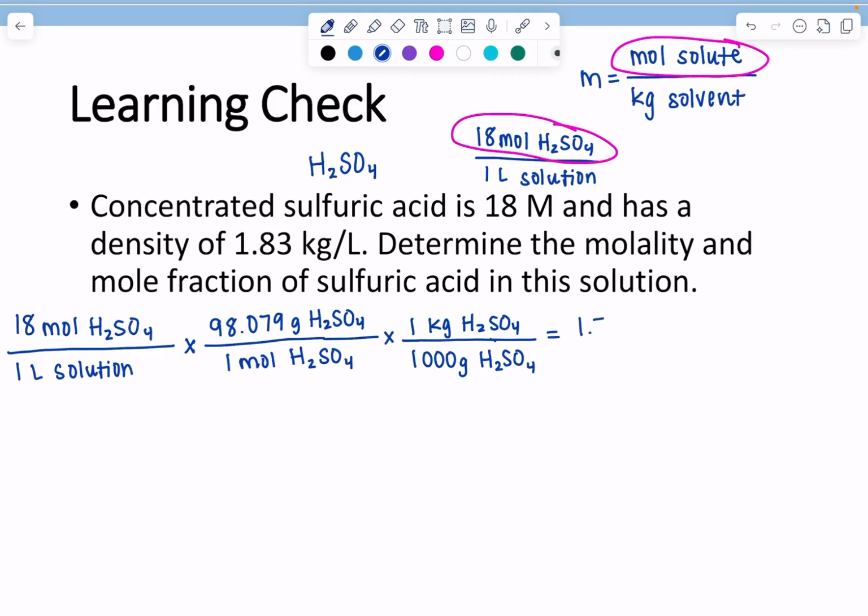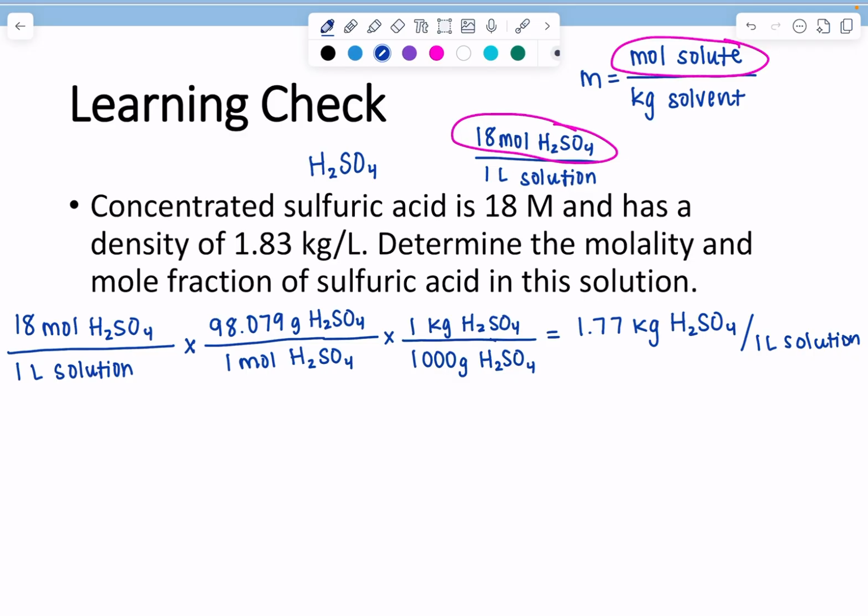So if it makes sense for you to do it later, that is fine. But if you do convert now, you should get 1.77 kilograms of H2SO4 in 1 liter of solution. So we have the amount in 1 liter, we have the mass of H2SO4.